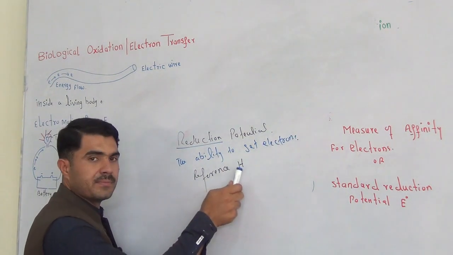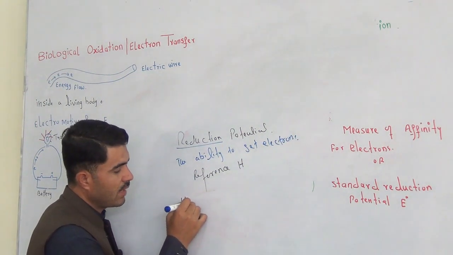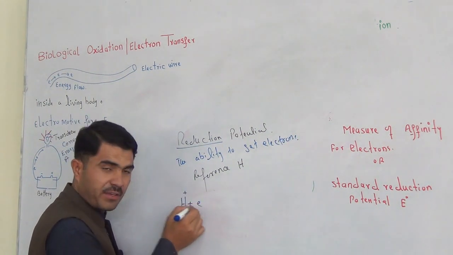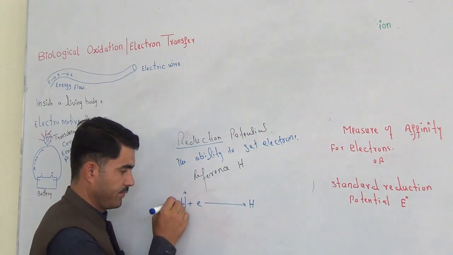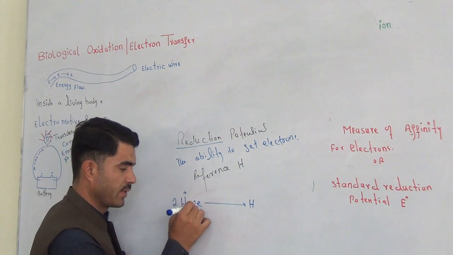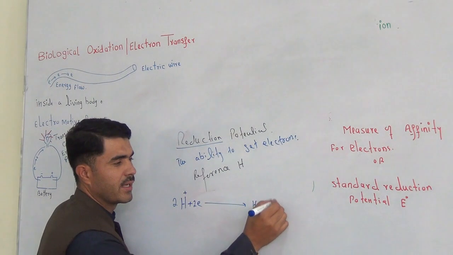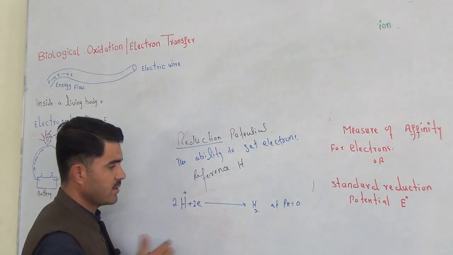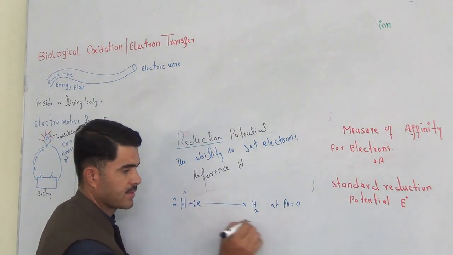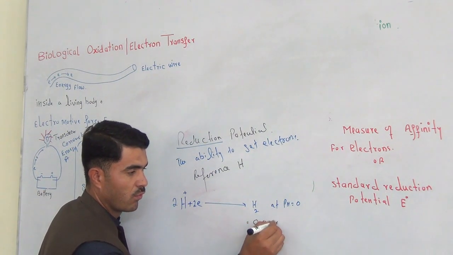The hydrogen reduction potential is, if it can get electrons to become H, and if there are two hydrogens, you will get 2 electrons and it will become H2, right? This has the value of reduction potential 0.00 volt.